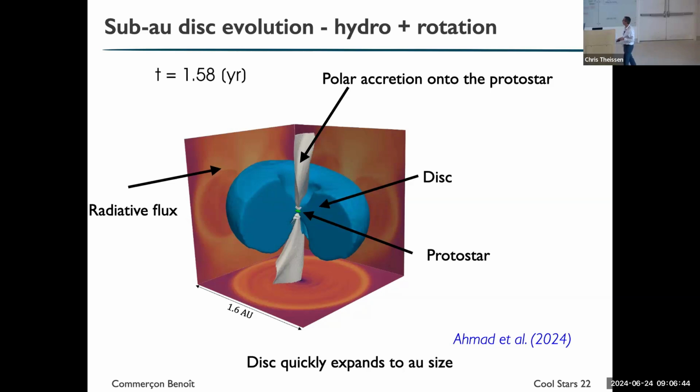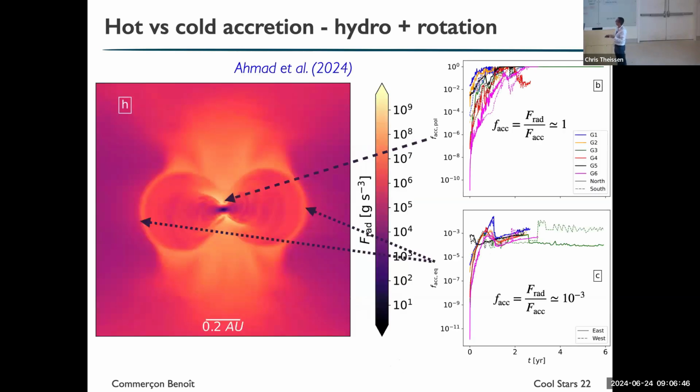What we want to know is what is the radiative budget at the accretion shock. Here I show the efficiency of the accretion shock, the ratio between the radiative flux and the accretion flux, the incident kinetic energy, measured here in the equatorial plane, at the disk, and also at the pole, directly onto the protostar.